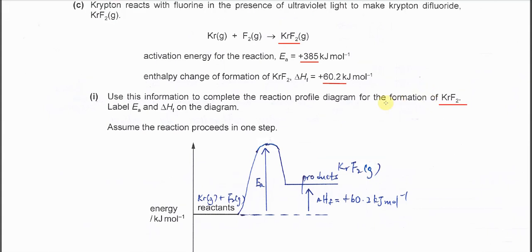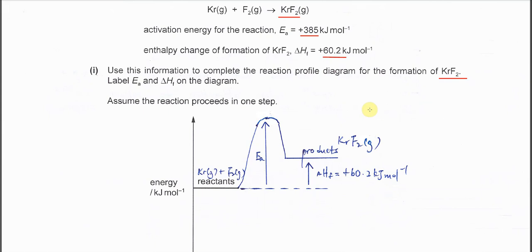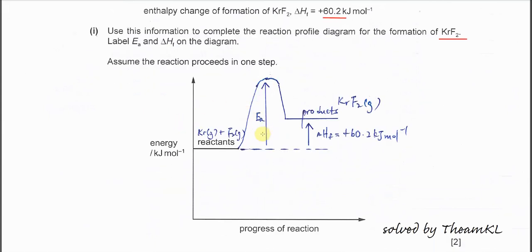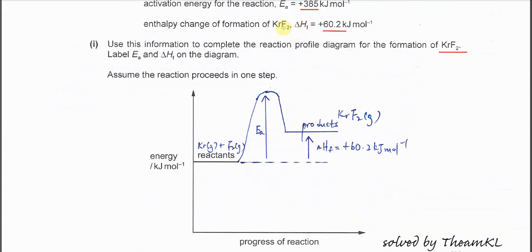So for this one, very easy. You just need to draw the correct energy diagram, because it's given that the formation of the compound is endothermic. So the product you have to put at a higher energy level compared to the reactant. Then you put the delta HF equal to 60.2 here.